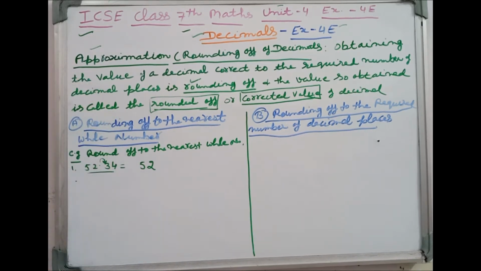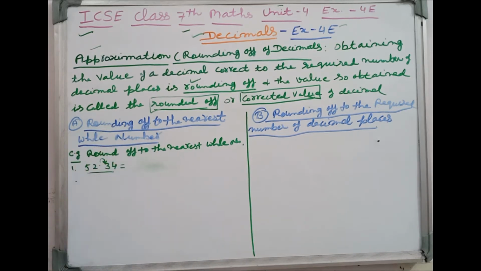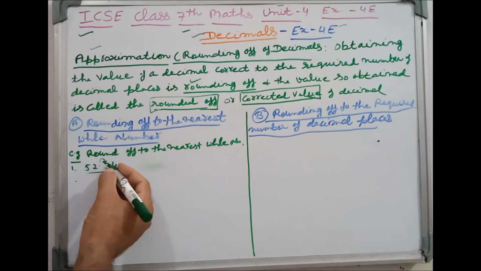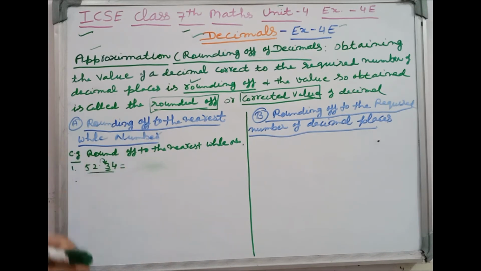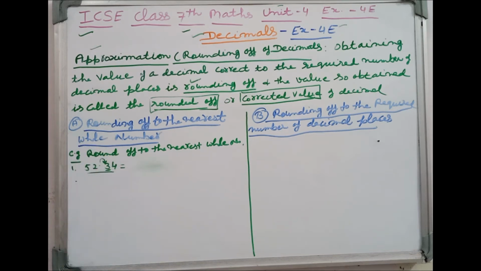Now check this. If it is more than 5, then we will change it to the next higher digit. If it is less than 5, then we will leave it. Focus on this. This is 3. We will see whether it is more than 5 or less than 5.